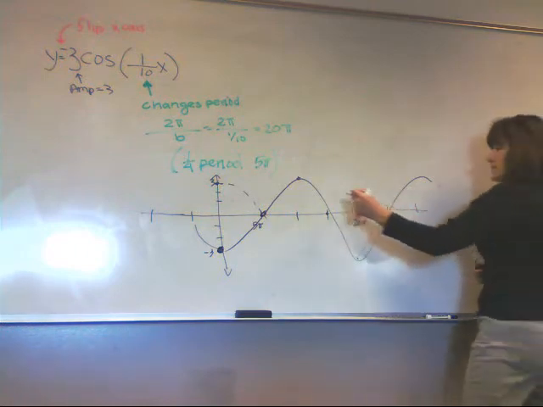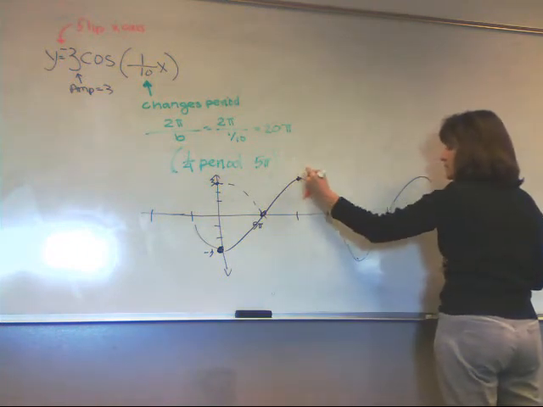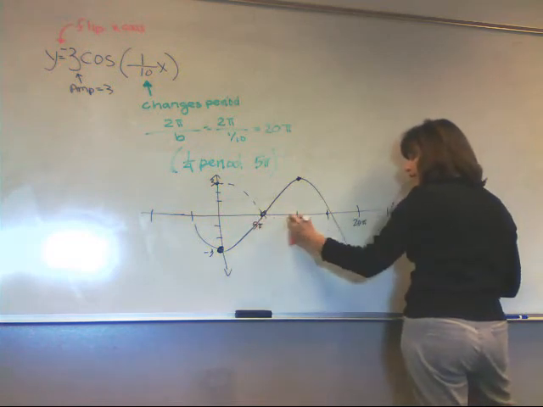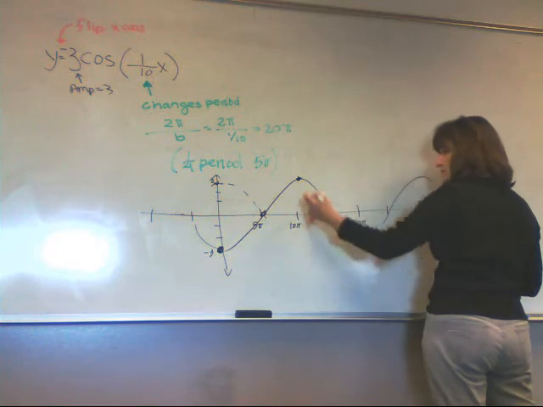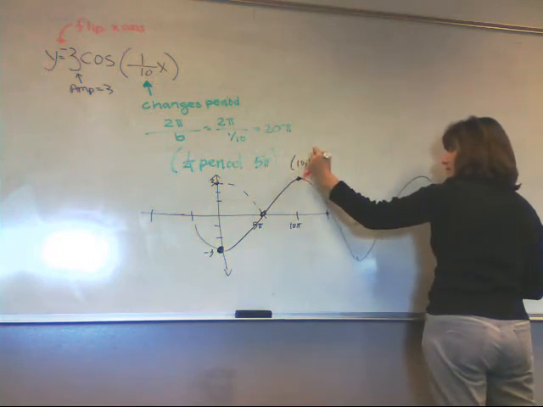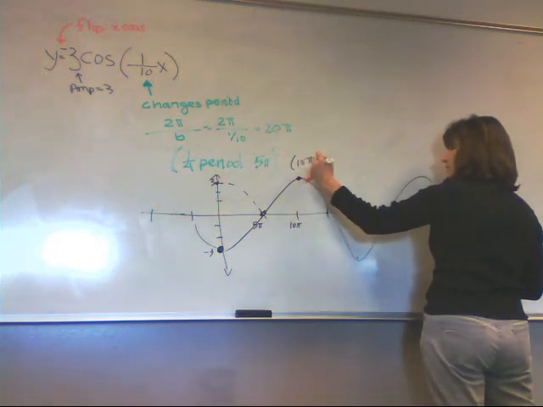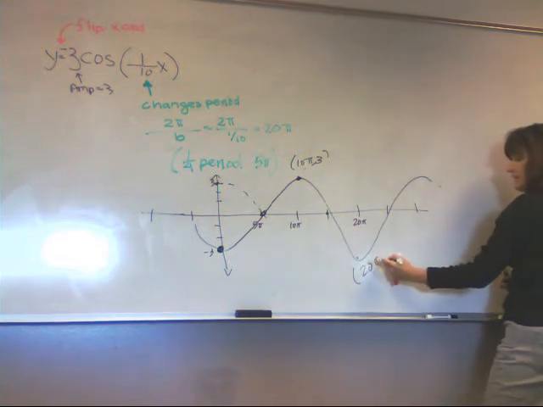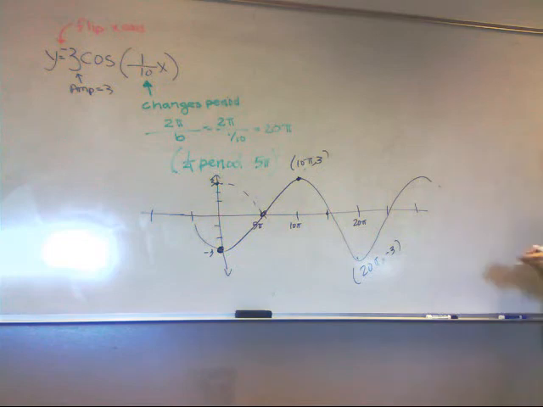So what are these coordinates here? 10 pi. Yeah, if you read your graph, 5 pi, this is 10 pi. So 10 pi, comma 3, oops. And this would be 20 pi, negative 3, and so on.